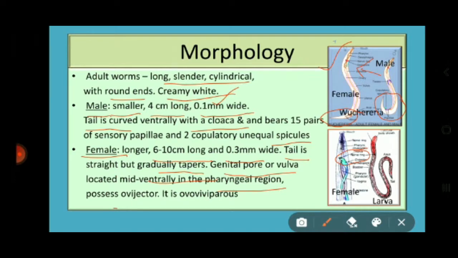This vulva possesses an ovijector, and the female is described as ovoviviparous, meaning it lays the eggs, but the eggs do not come outside immediately after laying. They hatch inside the body of the host, so only the larval stages come out, but not the eggs. This condition is called ovoviviparous.